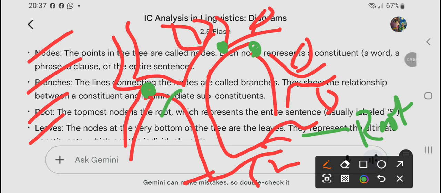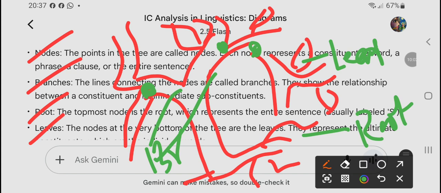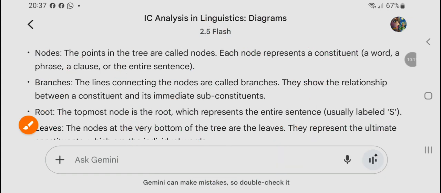These are the branches, right? And this is a leaf, or leaves. So let us understand, you just imagine that a sentence is made up like this. The points in the tree are called nodes, right?